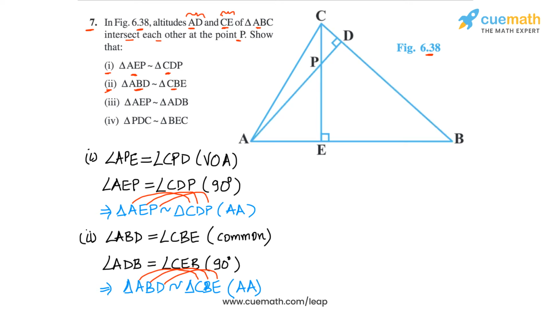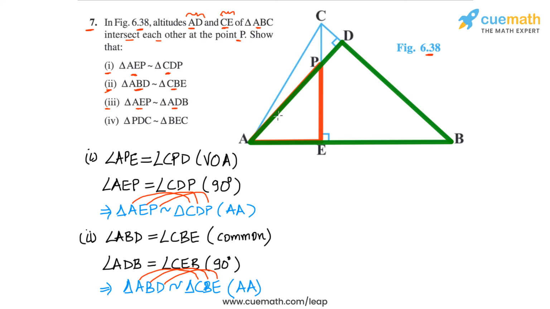Now let's come to part 3. In part 3, we have to show that triangle AEP, which is this triangle, is similar to triangle ADB. Triangle ADB is this triangle. So once again, let's find out the relationship of the angles of these two triangles.